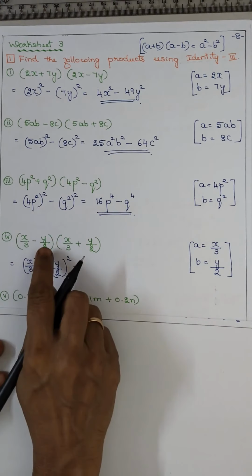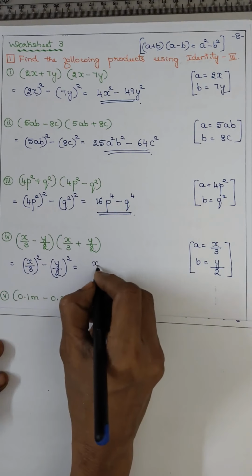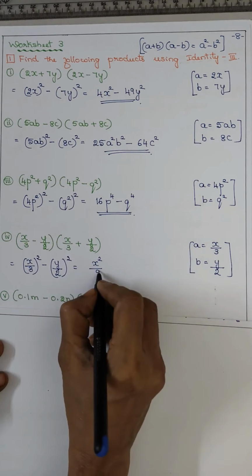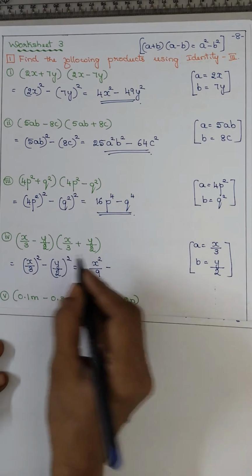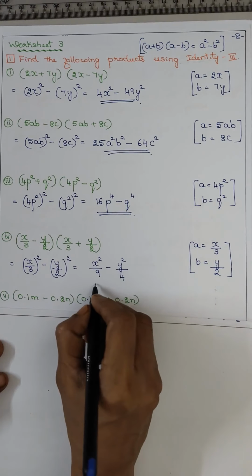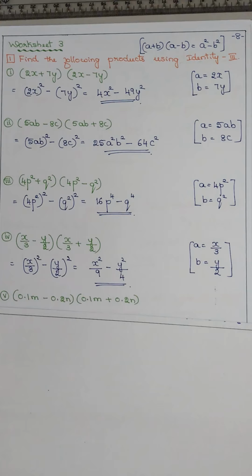Find the numerator square and denominator square. So x squared upon 3 squared, that is 9, minus y squared upon 2 square is 4. Don't forget to put the bracket. That is the main thing.